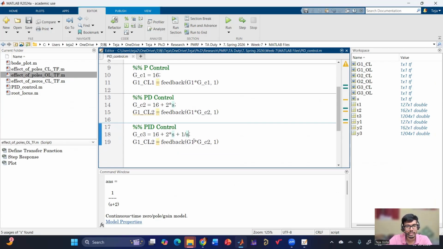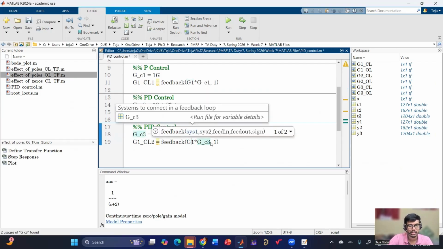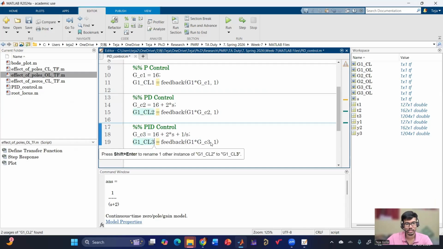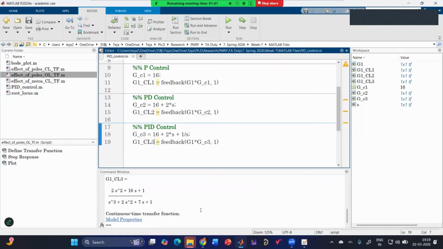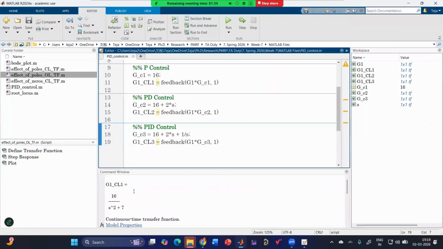Then feedback will be G1 into GC3, and this will be G1 closed loop 3. So if we run it, let us see what we are getting. Yeah, so the first one is G1 closed loop 1, which is 16 by s square plus 7, which means this is marginally stable, right? For the proportional case.